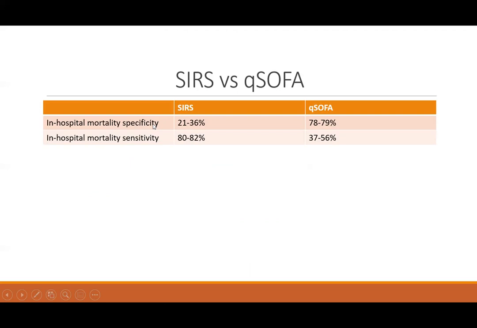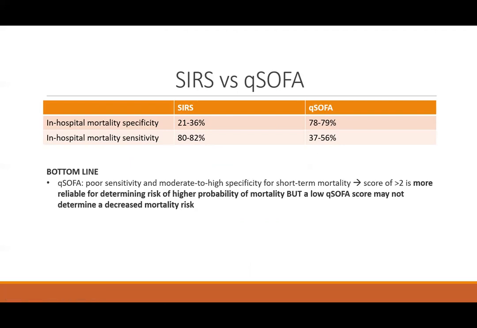In-hospital mortality specificity for qSOFA is reasonably good. It's actually in the high 70s, where it's obviously terrible for SIRS. However, the sensitivity for SIRS is much better. It's in the low 80s as compared to qSOFA, which depending on the study is anywhere between 37 and 56%.